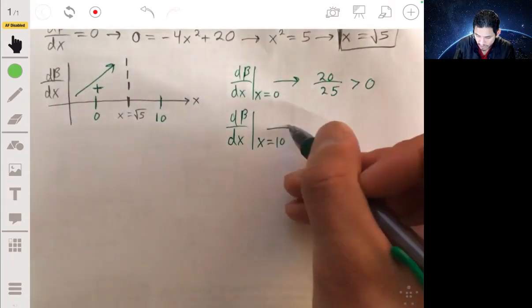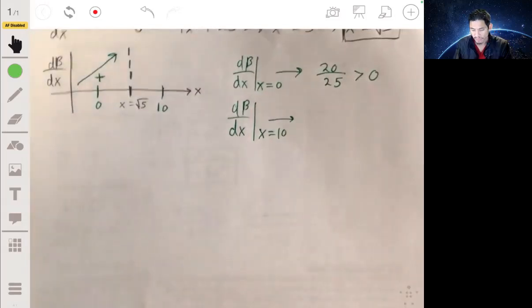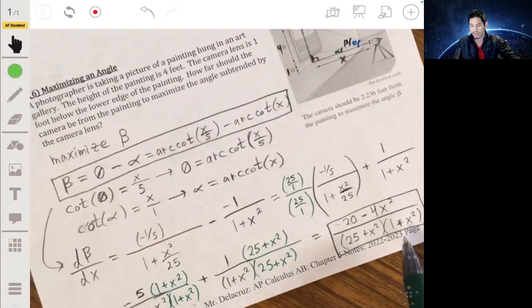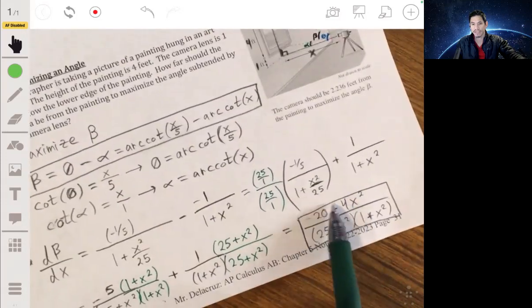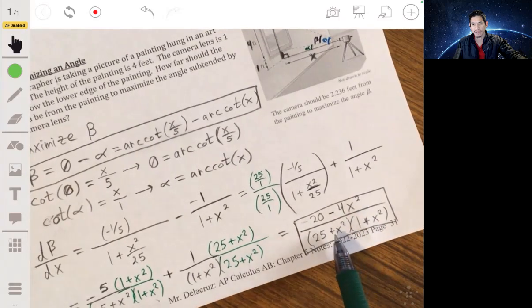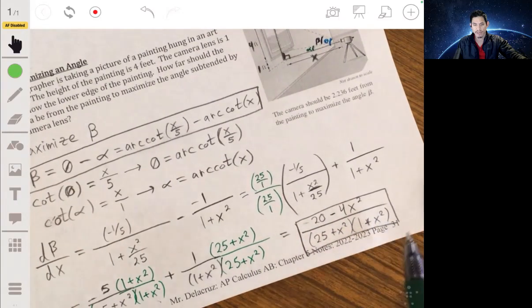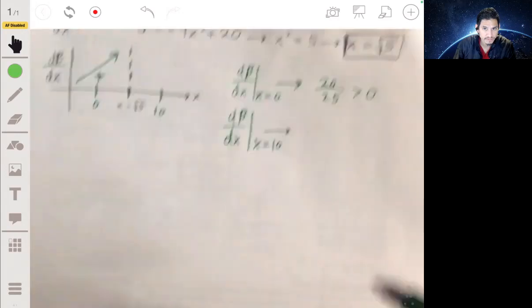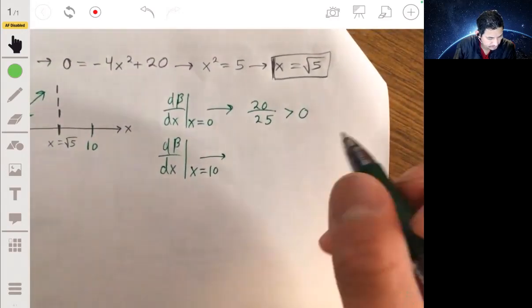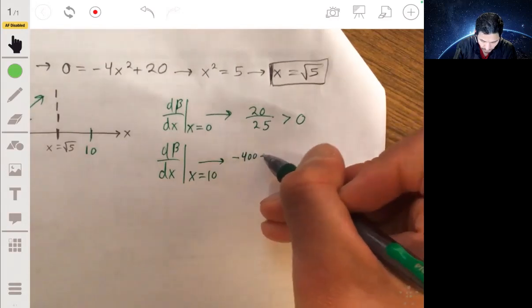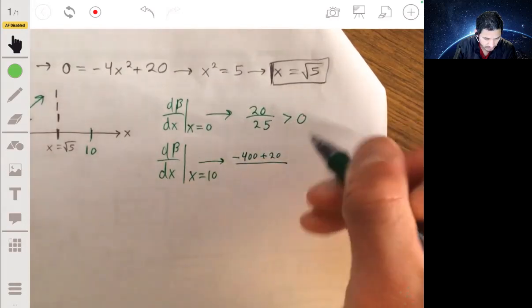So if we know the derivative is positive, we know the graph is going up before then. And then at d beta dx when x is 10, we plug 10 into our equation. We'll have 20 minus 400 over 25 plus 100 times 1 plus 100. So our derivative will look like this.